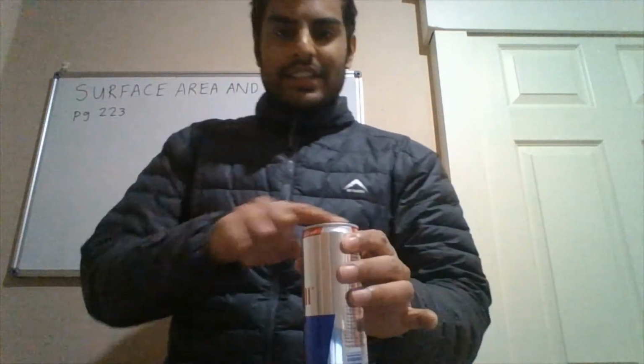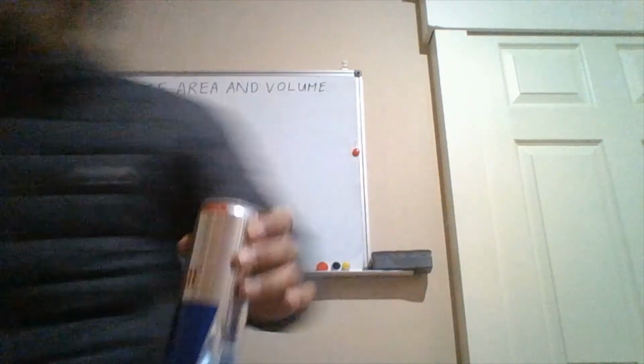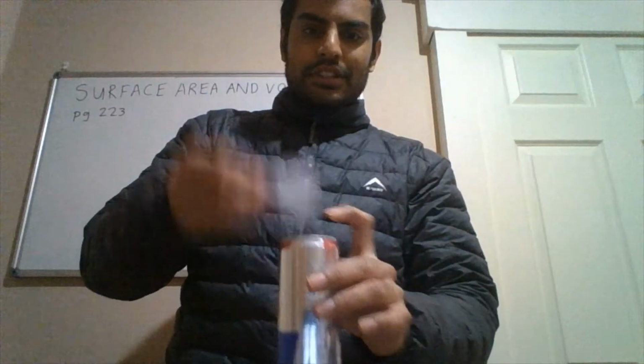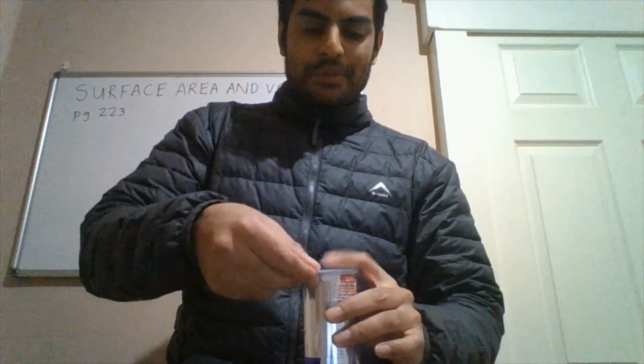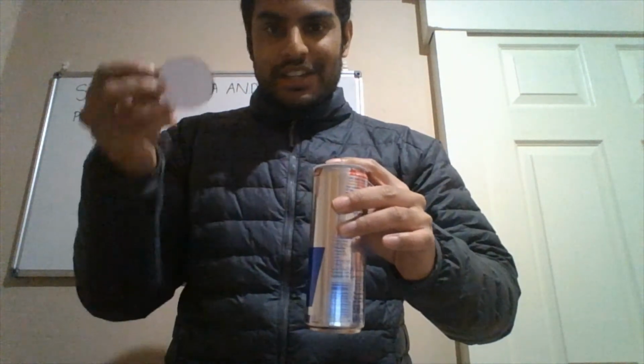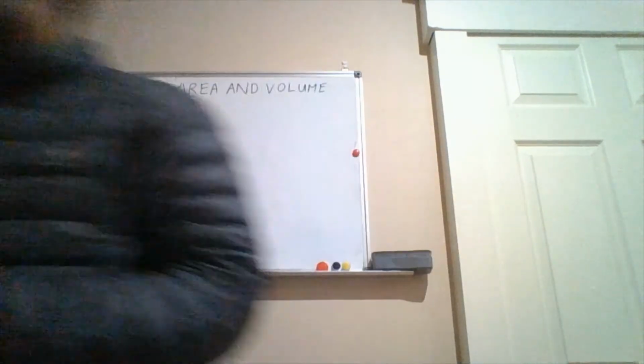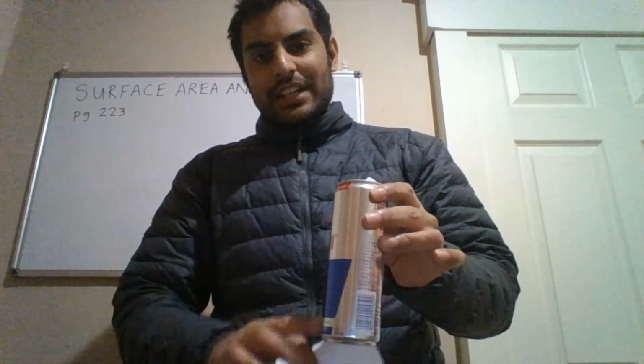For the cylinder, I've got this red ball can. We can see that there's going to be a circle at the top. This circle covers the top, and there'll be another identical circle at the bottom. What about for the side?